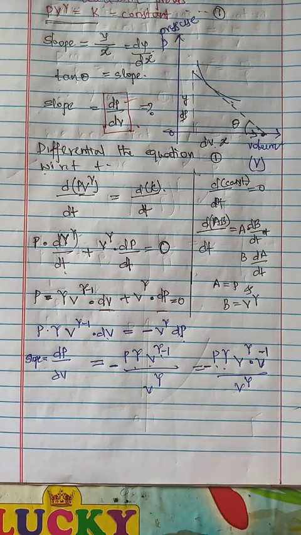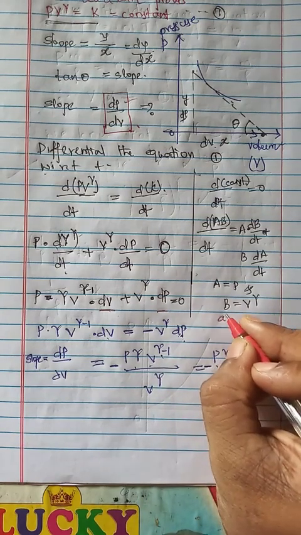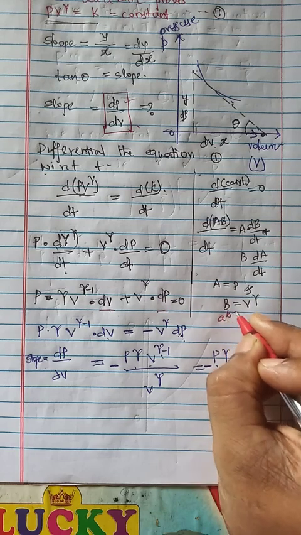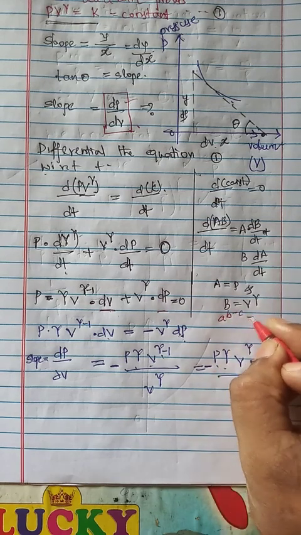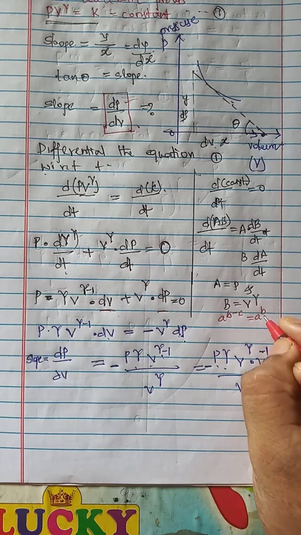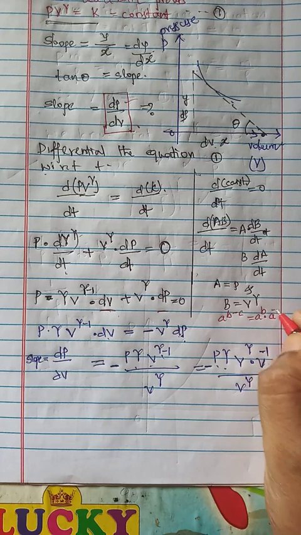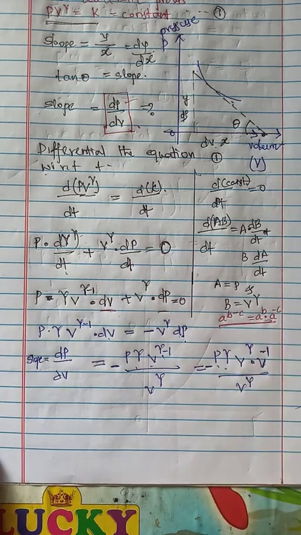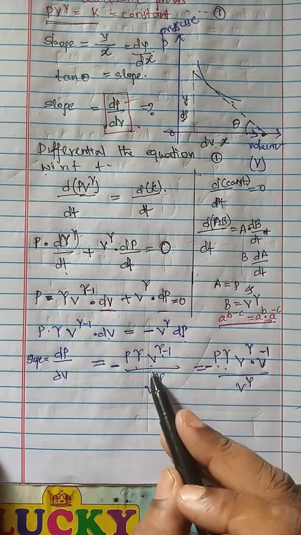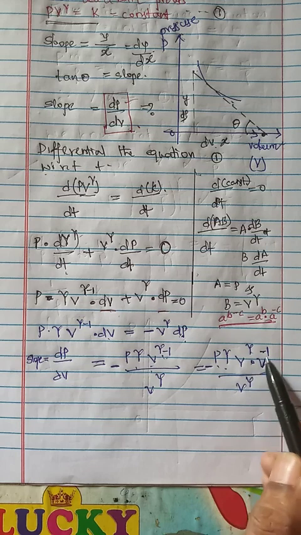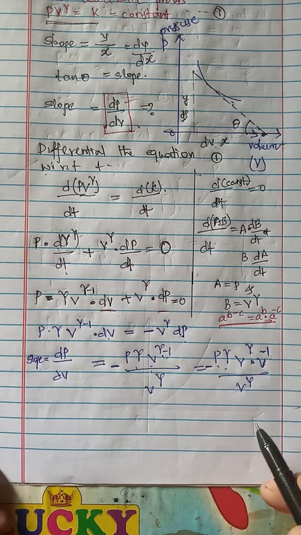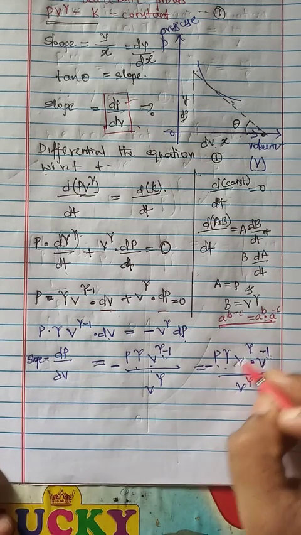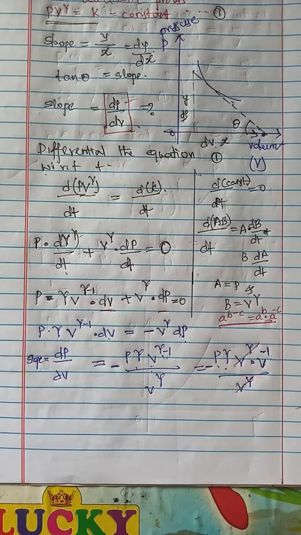You can relate, since if A to the power B minus C, you can write it as A to the power B into A to the power minus C. Same way I have written here. This is just formula notation. Here V to the power gamma minus 1 is V to the power gamma into V to the power minus 1. Now immediately you can say V to the power gamma, V to the power gamma cancels.